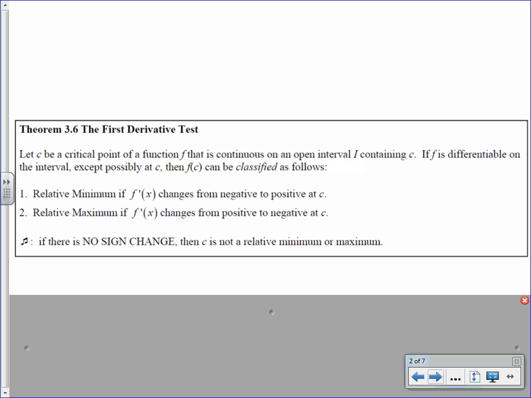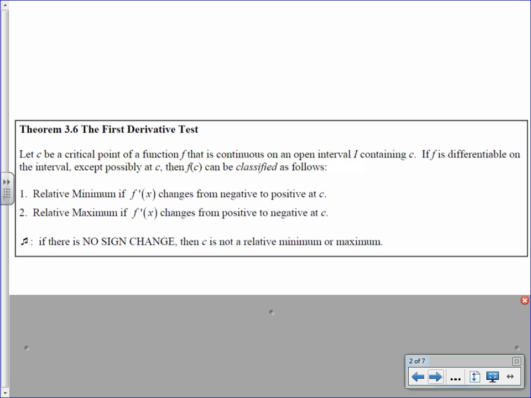So we wouldn't have a minimum or maximum at a value that would make our original function undefined. Does that make sense? If we have a rational function, so he's asking about an asymptote, that asymptote is going to be one of our critical points, but if it's not in the domain of our function, it can't be.